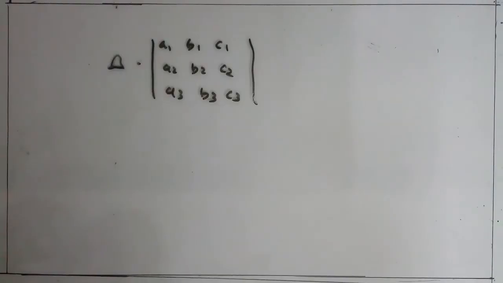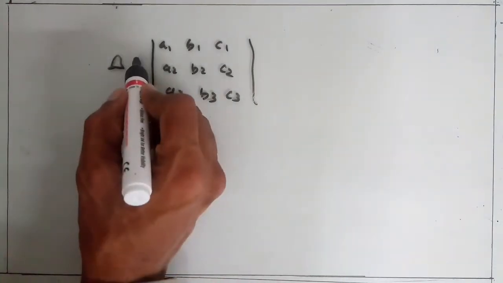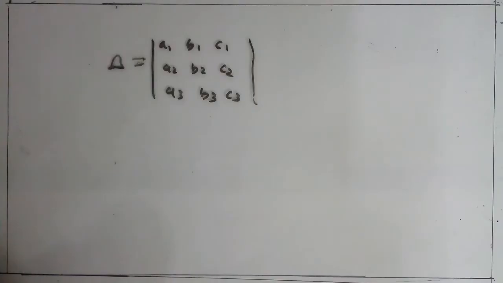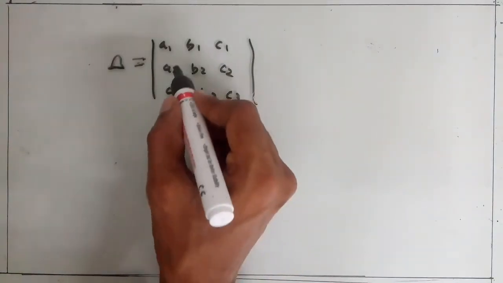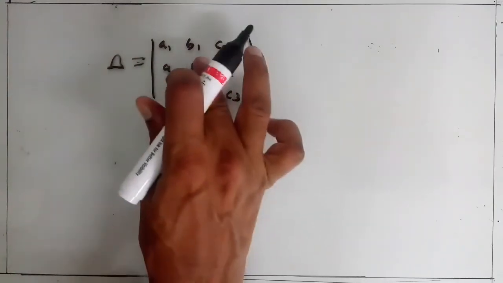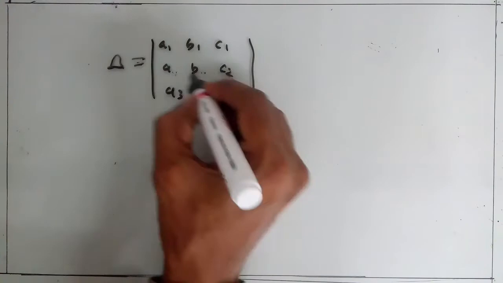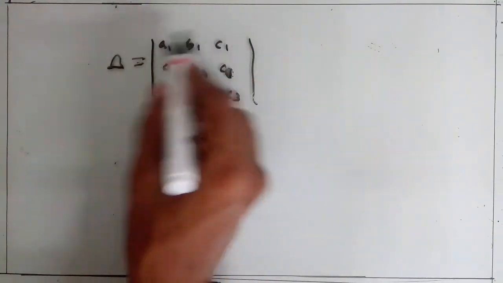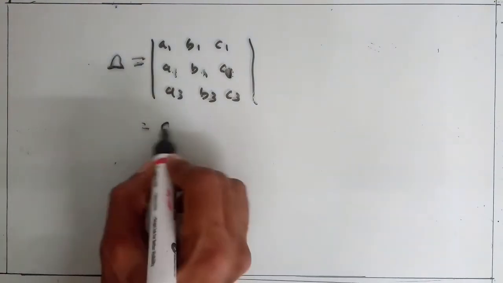Next, number three: if any two rows or any two columns of a determinant are identical, like in this determinant the first row is A1, B1, C1 and the second row is the same, A1, B1, C1, then the value of this determinant becomes 0.